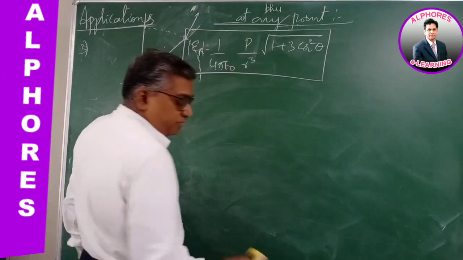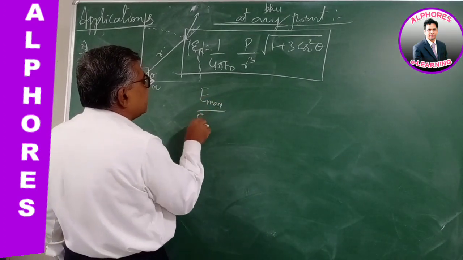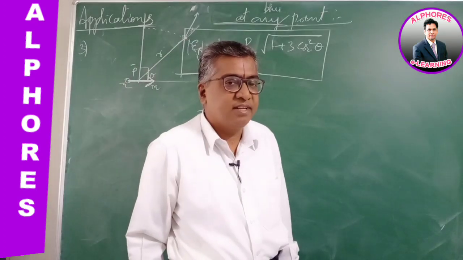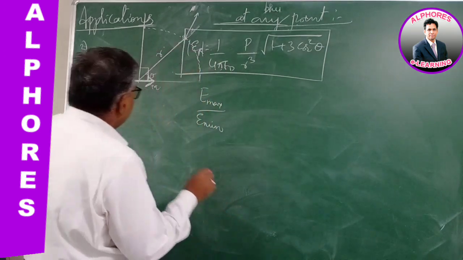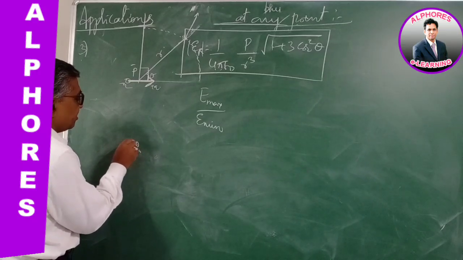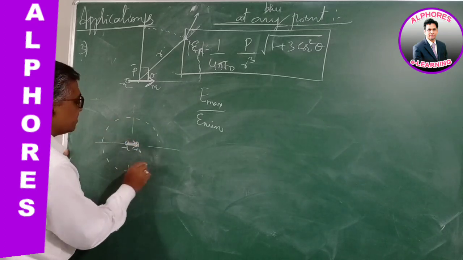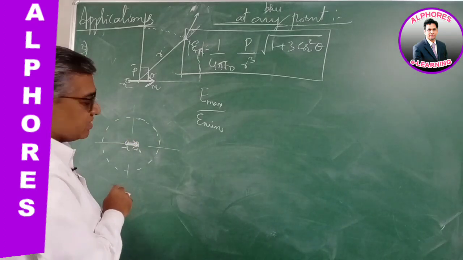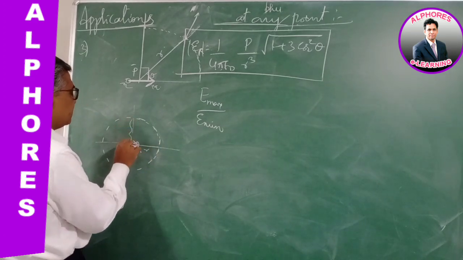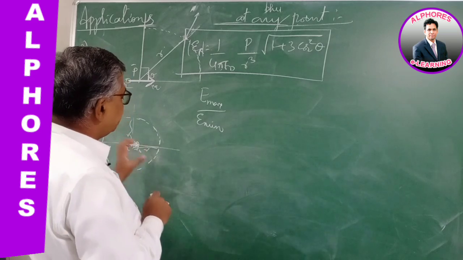Suppose you are asked to find the ratio of the maximum to minimum electric field intensity due to a dipole at a particular distance r. Imagine a dipole, minus q plus q, with its dipole moment, and for the same distance imagine a circle around it, with radius r. Then what is the ratio of the maximum to minimum electric field intensity?